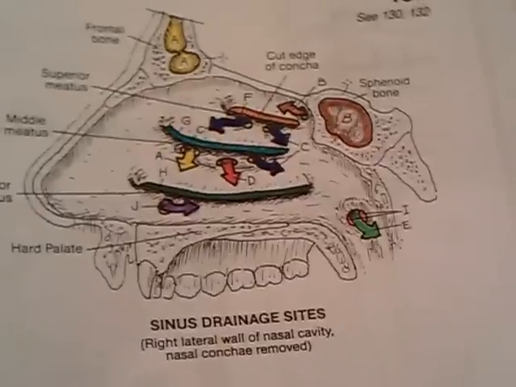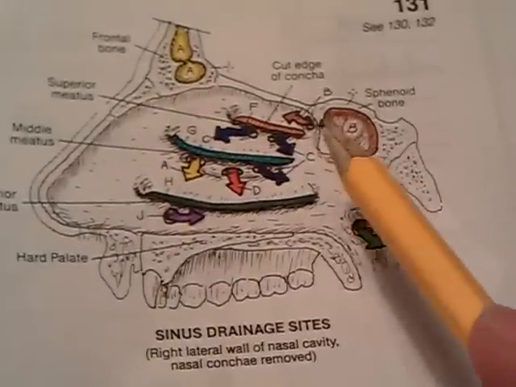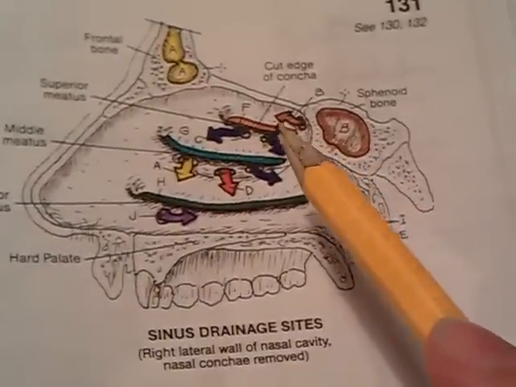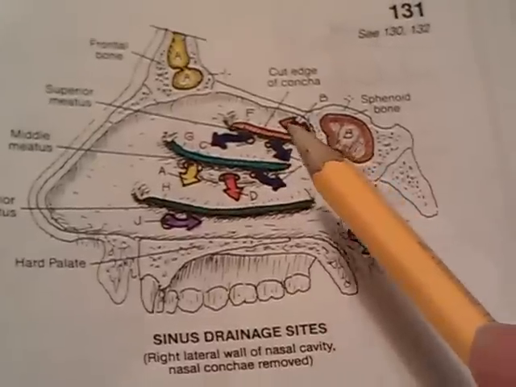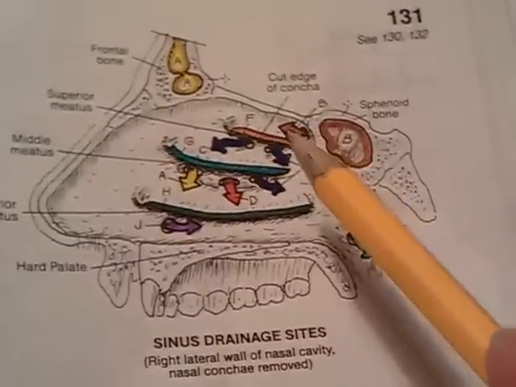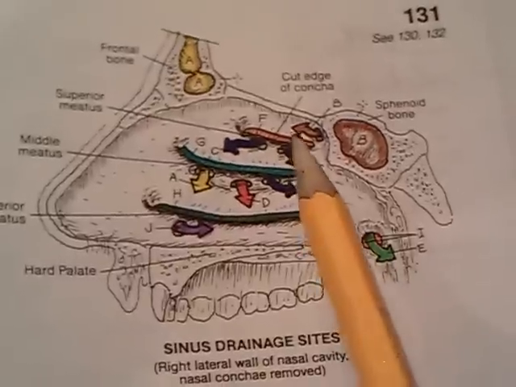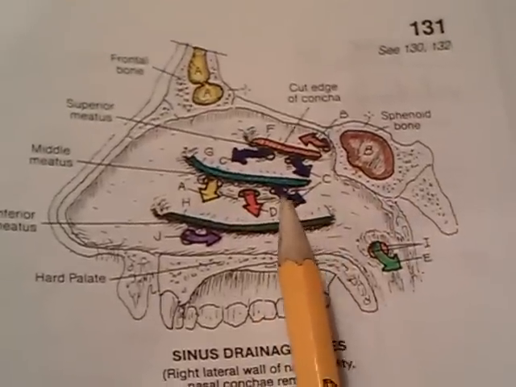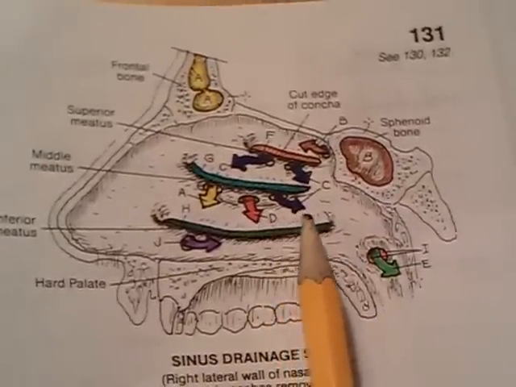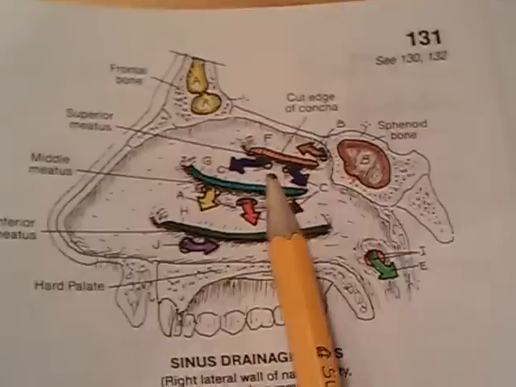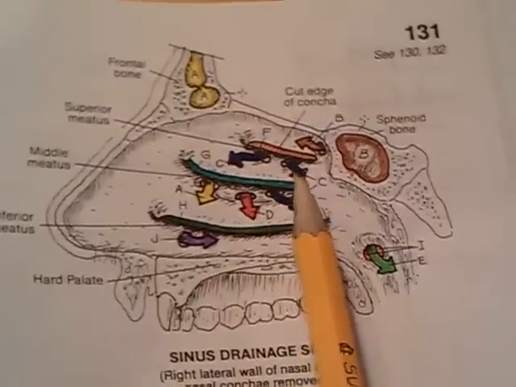The sphenoid sinus opens into the superior nasal meatus, and the ethmoid air cells, the anterior and middle, open into the middle nasal meatus, and the posterior ethmoid air cells open into the superior nasal meatus.